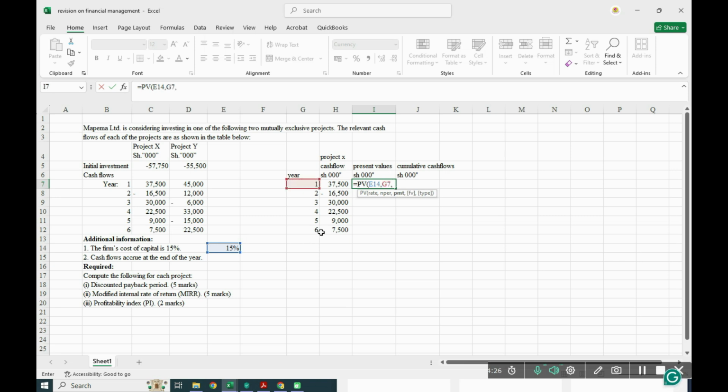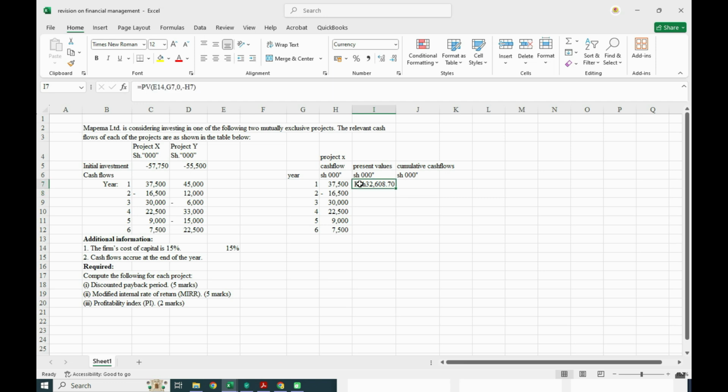Then the payment: we don't have a payment, we are receiving, so put a 0. Then the future value, which we shall put as a negative. We put them as negative because Excel is designed to take this amount as payments. When you don't put a negative, it will assume they are an outflow, so the negative converts them to an inflow. Close that and enter.